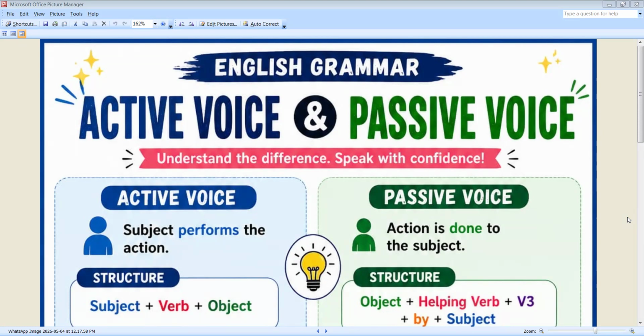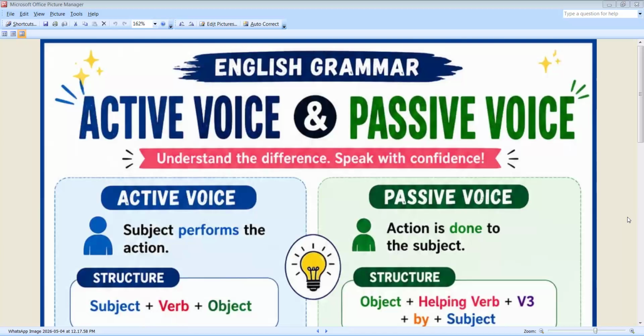In active voice, the subject performs the action. The work is carried out by the subject here. In passive voice, the action is done to the subject.